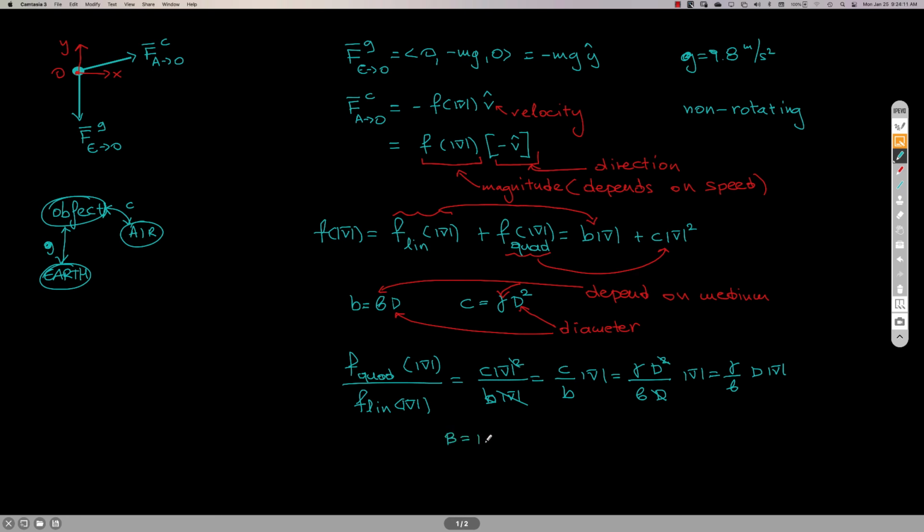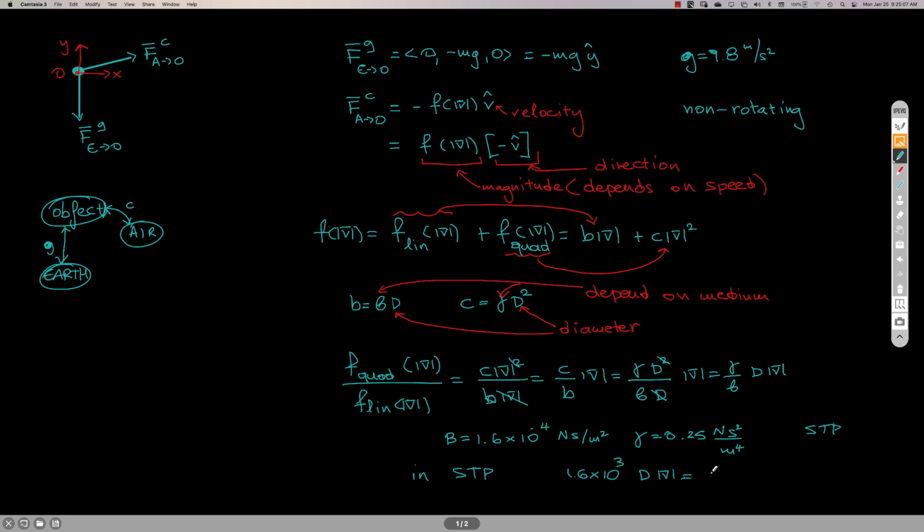Beta is 1.6 times 10 to the minus 4 with the units, whereas gamma, this is in STP, and if you are in STP and you calculate this ratio, you will get the ratio, with the units, d times the speed.